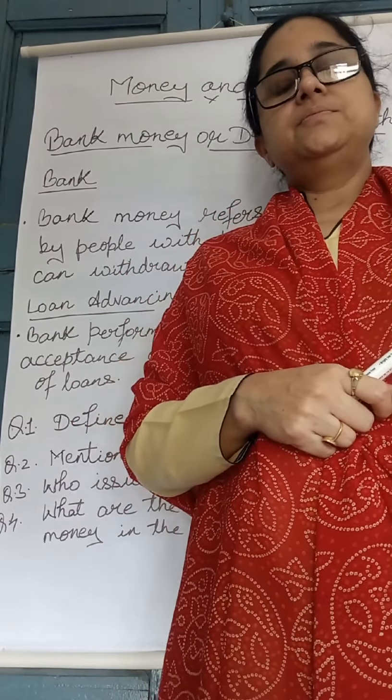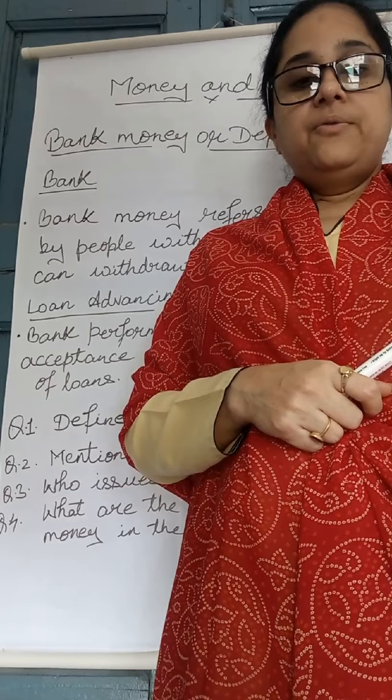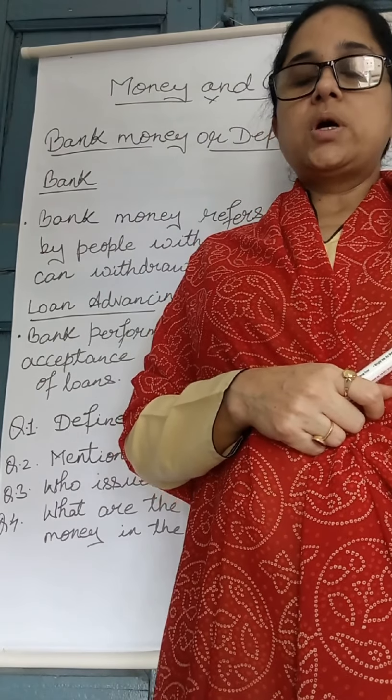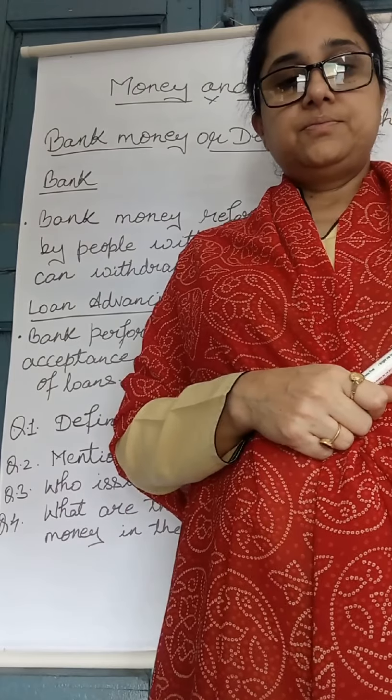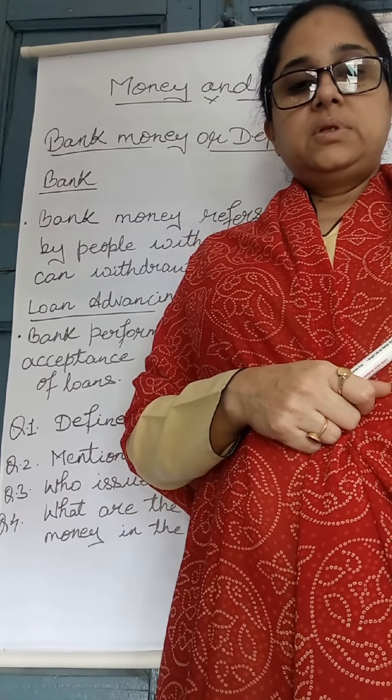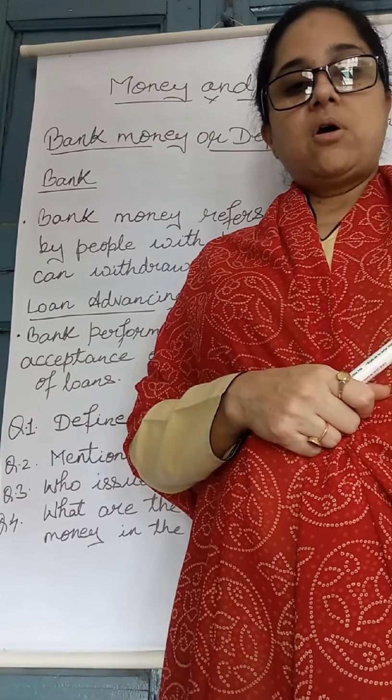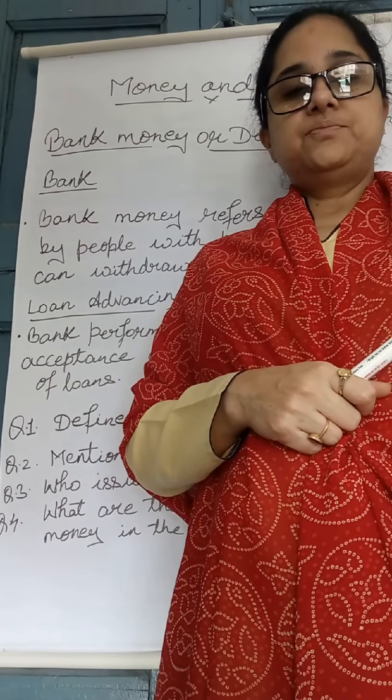For example, when Mohan makes a payment to Sohan by a check, Sohan indeed accepts Mohan's ownership of bank deposits.